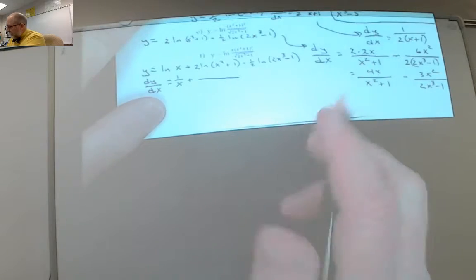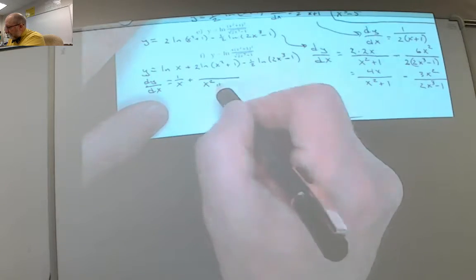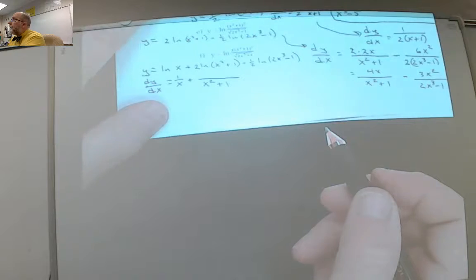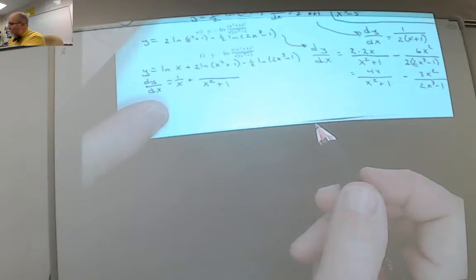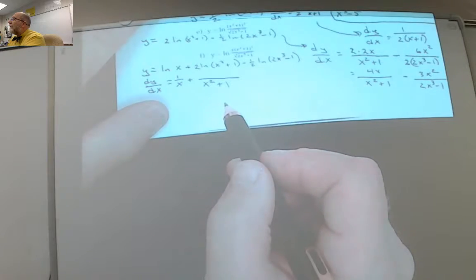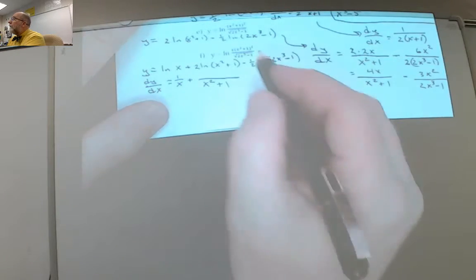What's this going to become? Well, x squared plus 1 will be on the bottom, right? Yep. And the derivative of that times 2 will be on top. What's the derivative of that? Well, 2x. Times 2, right? 4x. Perfect.